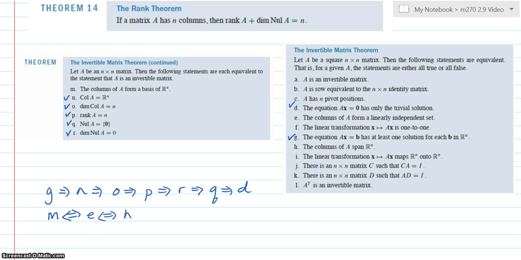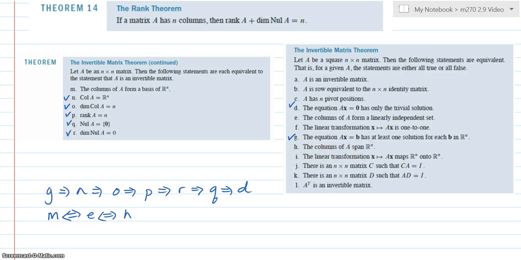M is really equivalent to E and H. So let's look at that first. I kind of already said that before, but E says the columns of A form a linearly independent set, so all the columns are independent. H says the columns of A span Rn.